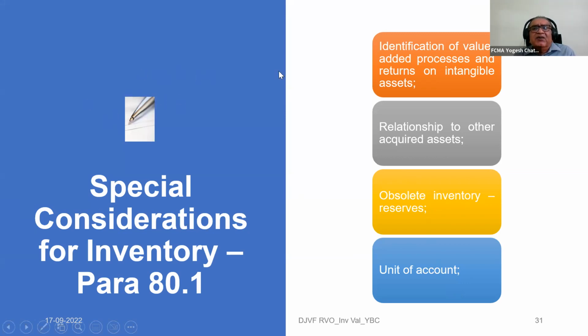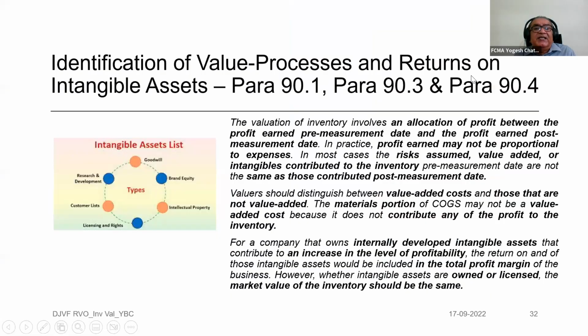Then identification of value added processes and returns on intangible asset. That is very important, para 90.1, 90.3 and 90.4. Valuation of inventory involves an allocation of profit between the profit earned pre-measurement date and profit earned post-measurement date.